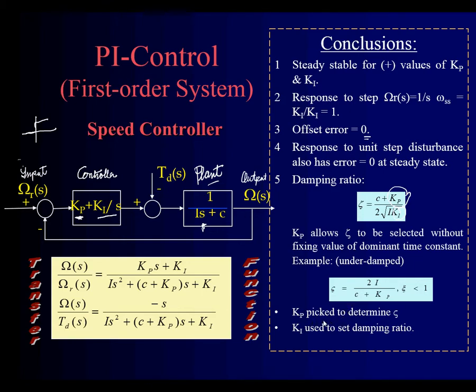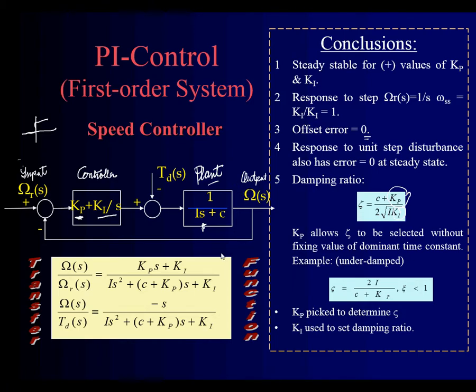The proportional control will be picked to determine that, and then Ki would be used to set the damping ratio. So what it's saying is that you can accommodate those values depending on what you would like.